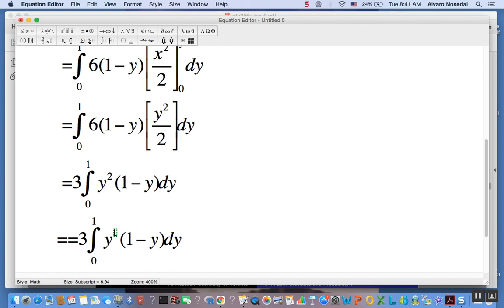So y squared is the same as y to the power 3 minus 1.